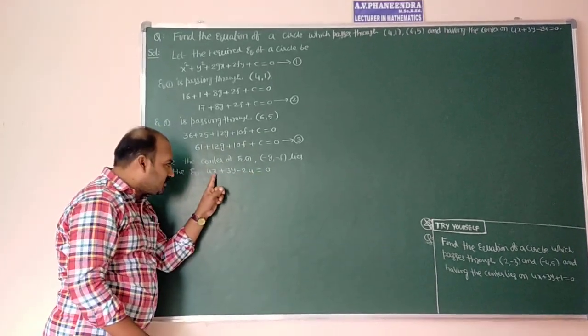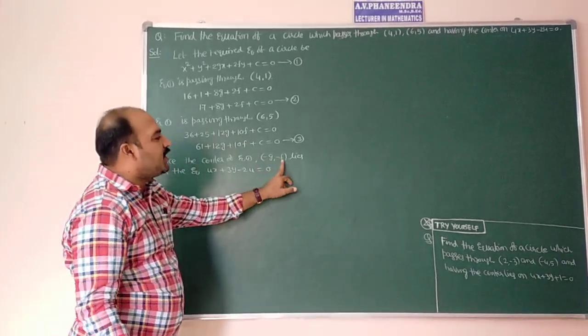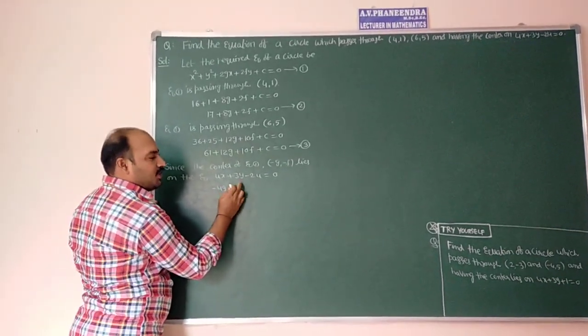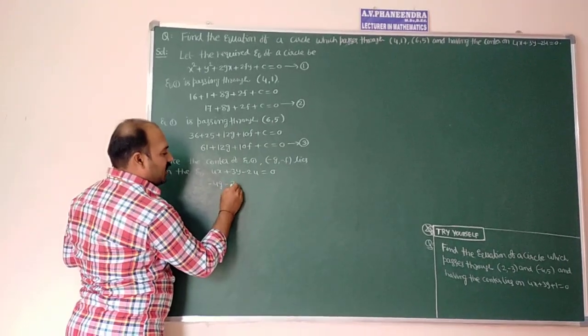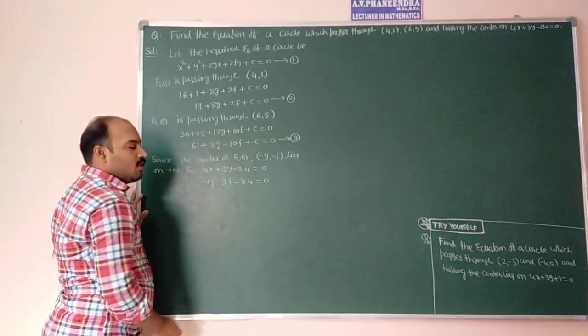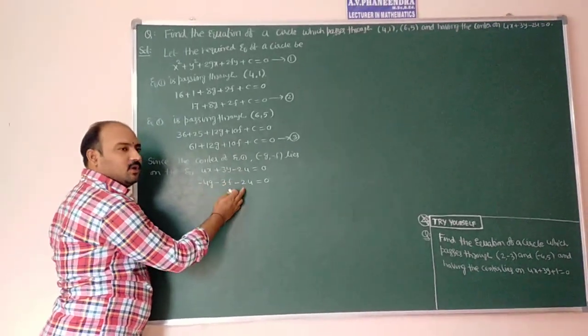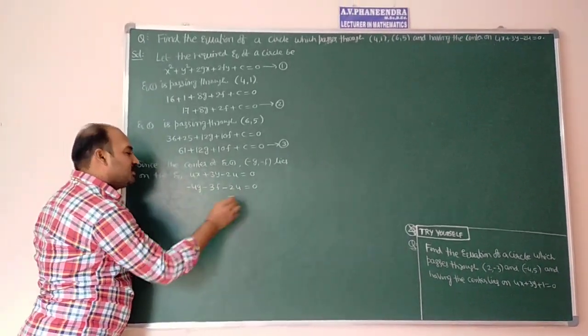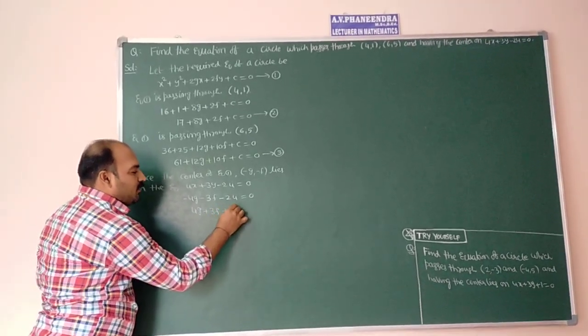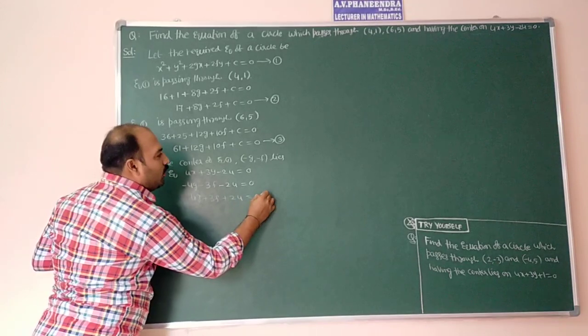That means in place of x, y, you have to substitute (-g, -f). So 4 into minus g is minus 4g, 3 into minus f is minus 3f, minus 24 equal to 0. All are having minus symbol, so minus take common and we can take this side: 4g plus 3f plus 24 equal to 0.